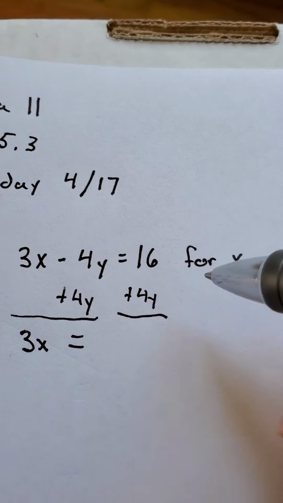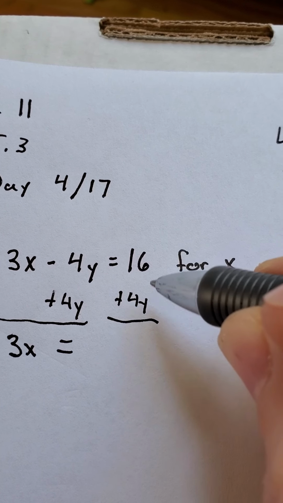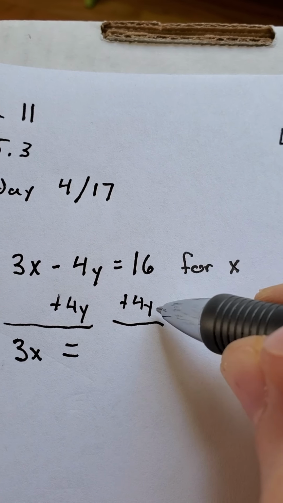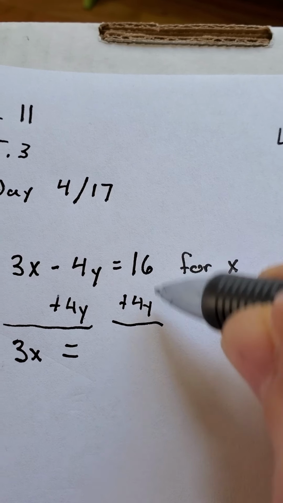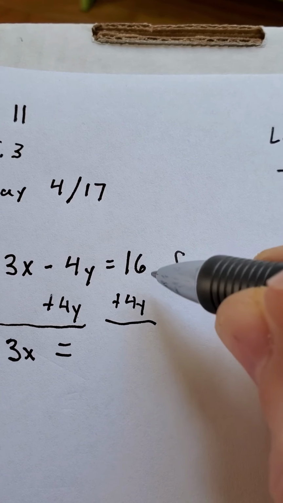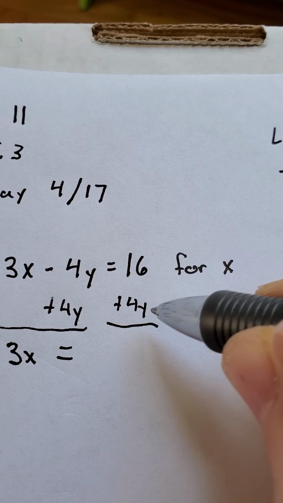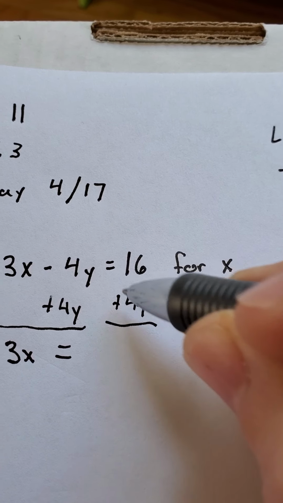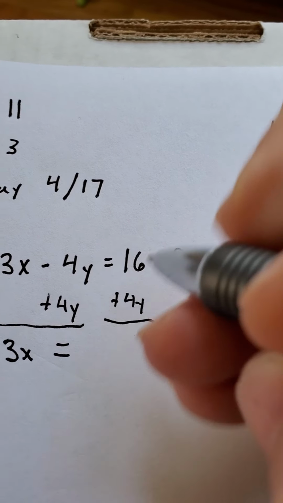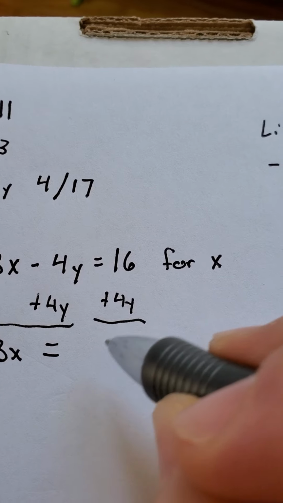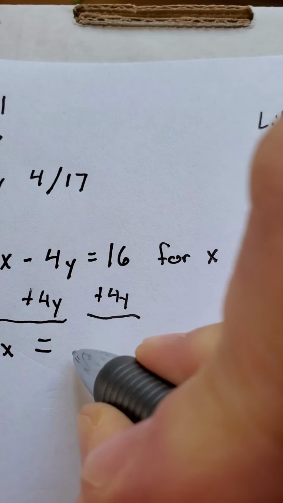There's the equal sign. Here on the right-hand side, we have 16 plus 4y. You can't directly add these two together because this has a variable on it and this does not. So you just write them together. We're going to just have 16 plus 4y. Usually you write the variable first. So we're going to have 4y plus 16.